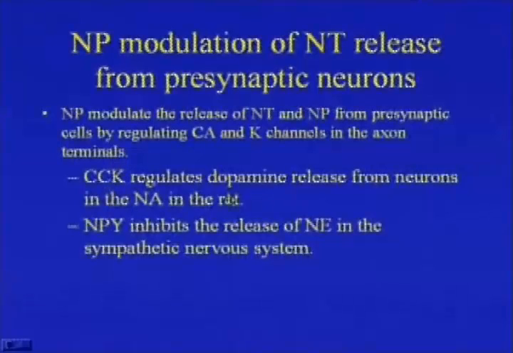So an example is CCK regulating dopamine release from neurons in the nucleus accumbens in the rat. This is a limbic nucleus involved in reward and motivation and emotion expression. Neuropeptide Y inhibits the release of norepinephrine in the sympathetic nervous system, so impacting fight or flight type of events.